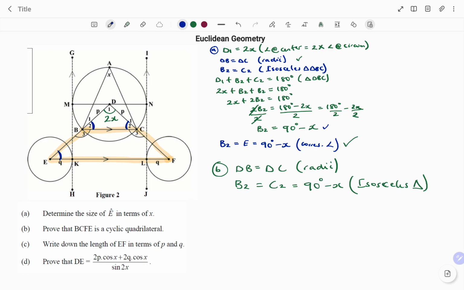So we know that B2 is equal to E, and already we know that B2 is also equal to C2, which is 90 degrees minus x. That's corresponding angle.